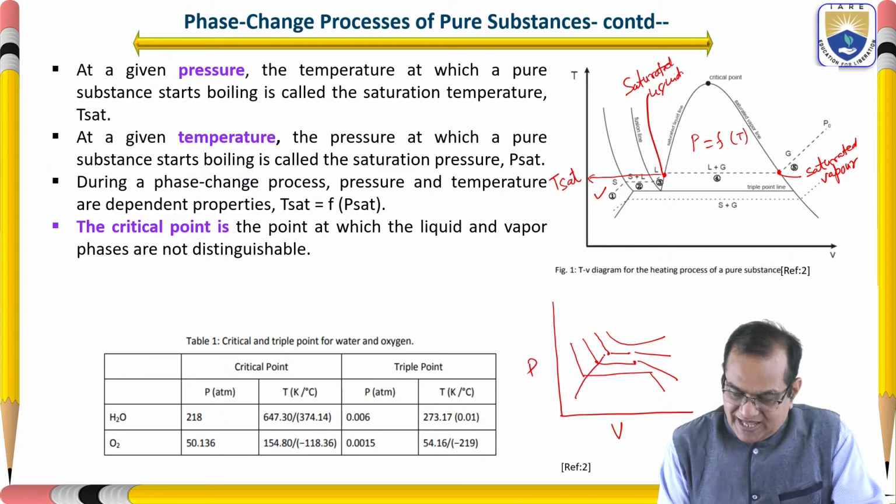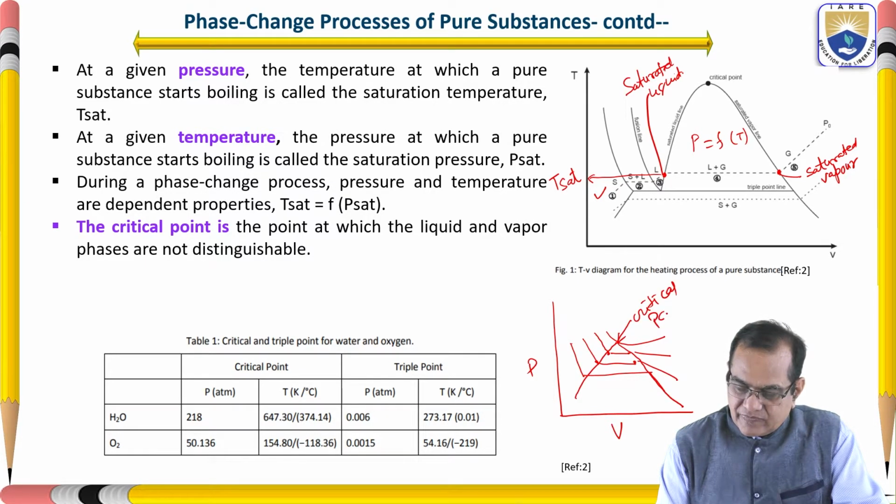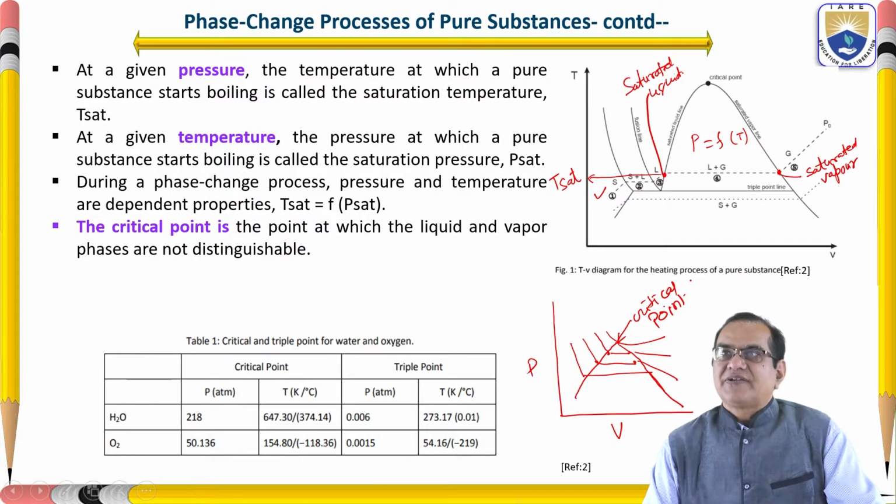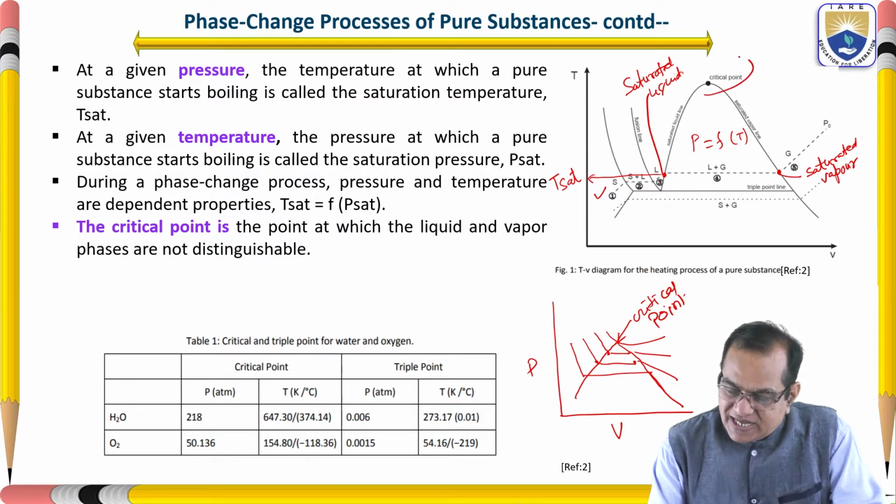If we draw it like this, the top point here is called the critical point.